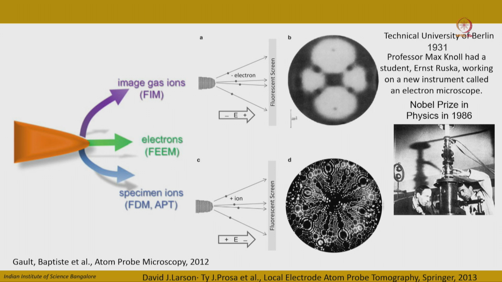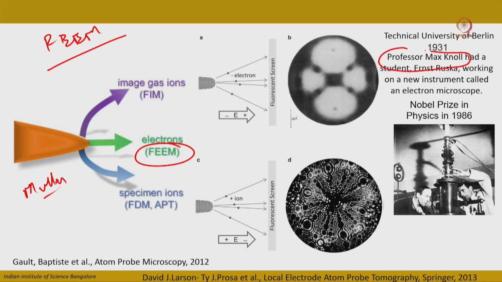Okay, so parallelly, when I told you about the FEEM, the field emission electron microscope, which uses electrons for imaging purposes: when Mueller was working on this, in the same institute there was a professor called Max Knoll, and he had a student whose name was Ernst Ruska.